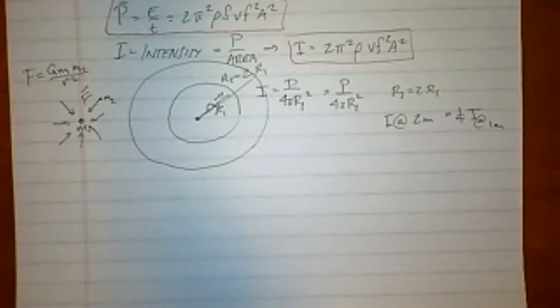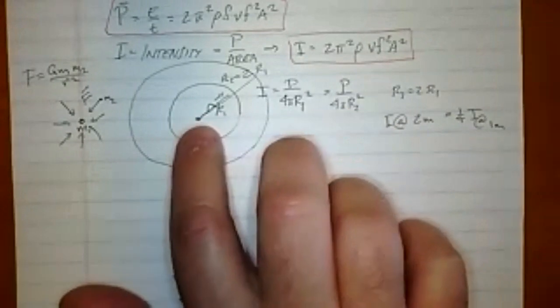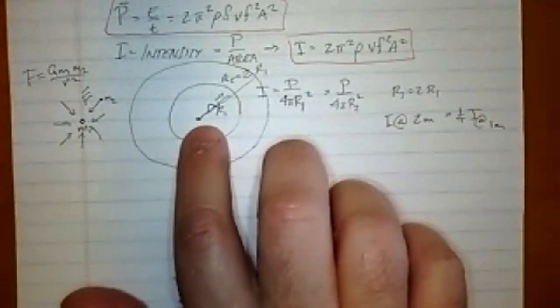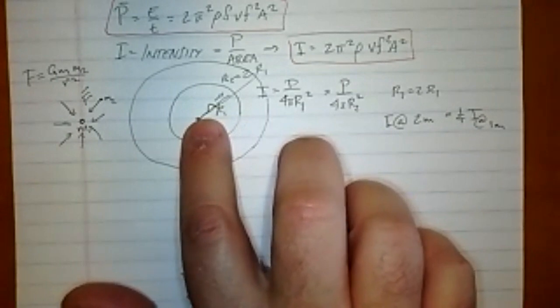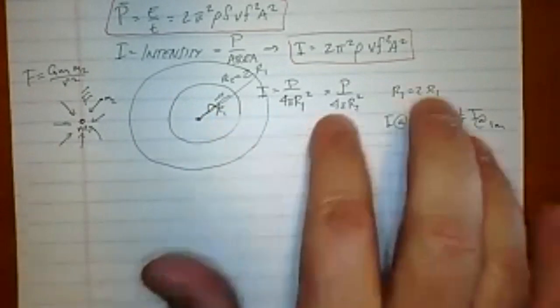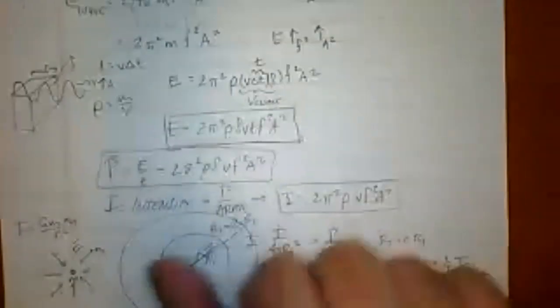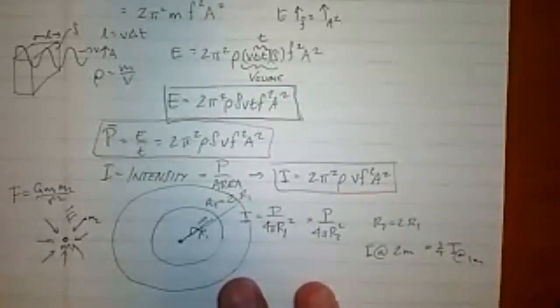And he said, if you show me that it obeys a 1 over r squared law, then I'll believe it. And this is exactly why he does that, is whenever you're talking about an object that's small compared to the distance away, then that object's going to act like a point source. Therefore, you expect its abilities to fall off as 1 over r squared. So that's just another neat little thing to remember about waves.